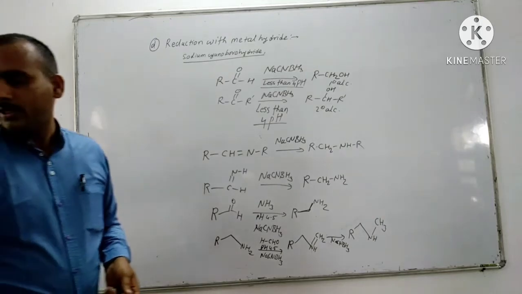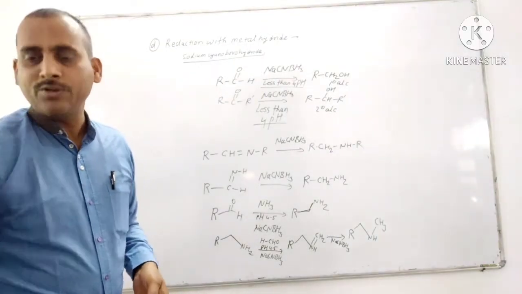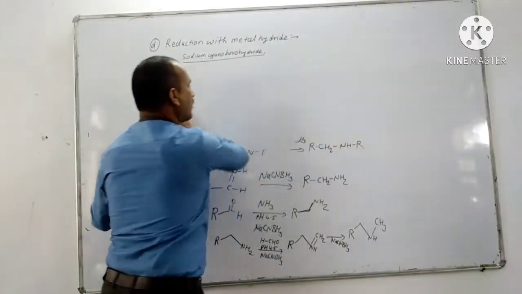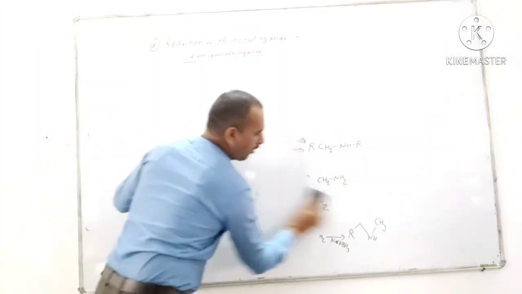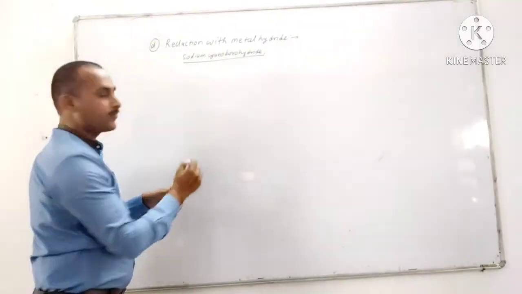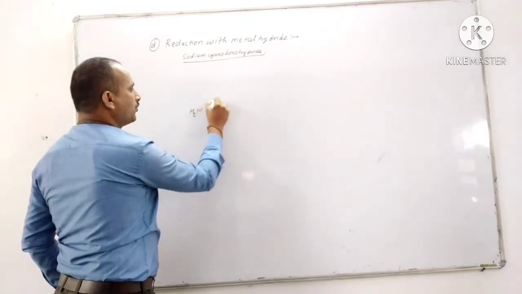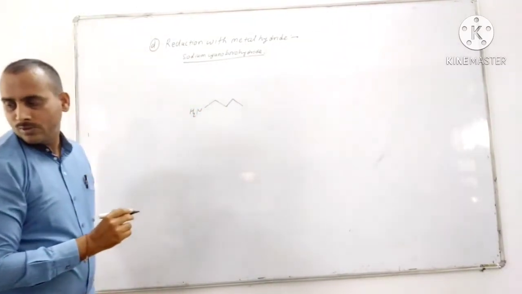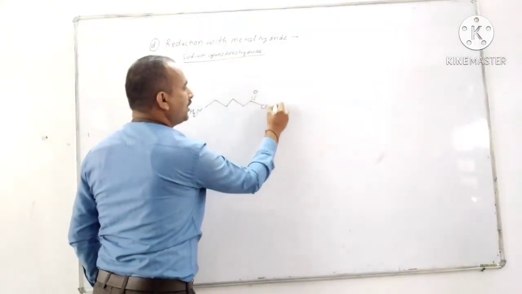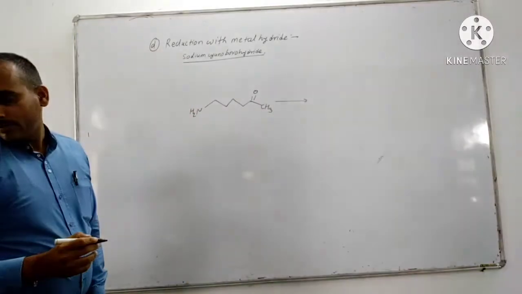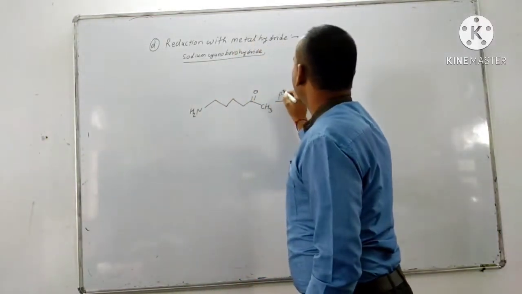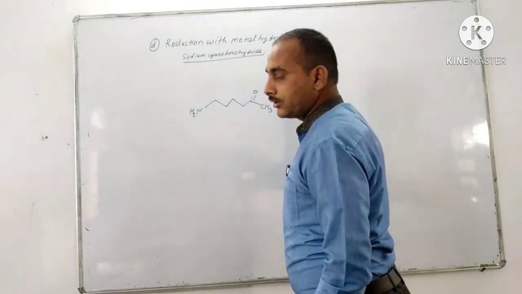So let's see another example of reduction by using sodium cyanoborohydride. NH2, C=O CH3, pH 4.5.